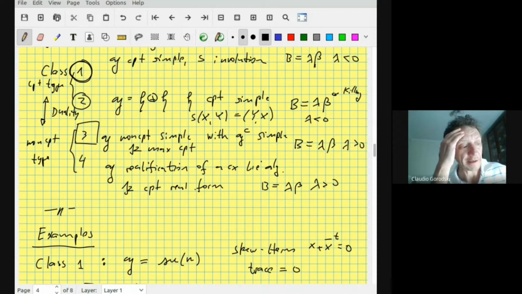Specifically, this is a de Rham decomposition theorem for pseudo-Riemannian manifolds, not necessarily symmetric spaces. And for pseudo-Riemannian symmetric spaces, there's a classification too. This was done by Marcel Berger, in '55, I think, more or less.